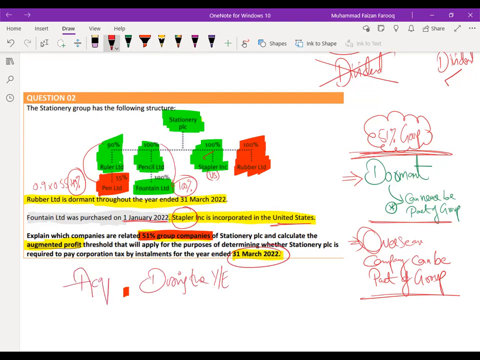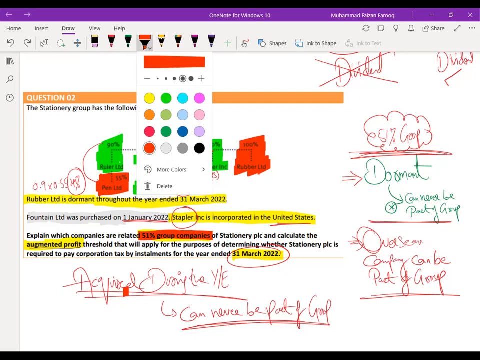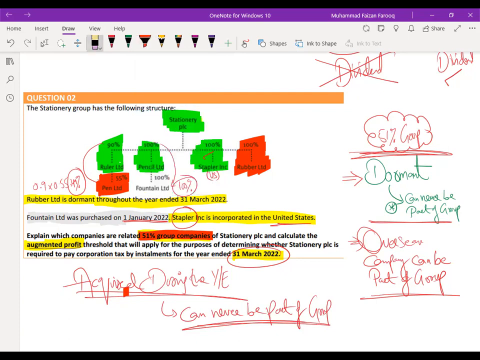A company acquired during the year can never be part of the group. If you acquire any company during the year, for that same year, although the percentage is 100 and more than 51, for the first year of becoming part of the group, the company cannot be a group member.